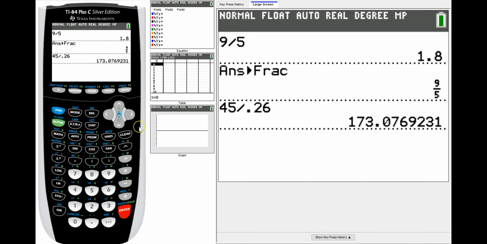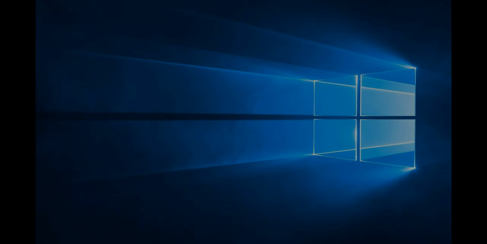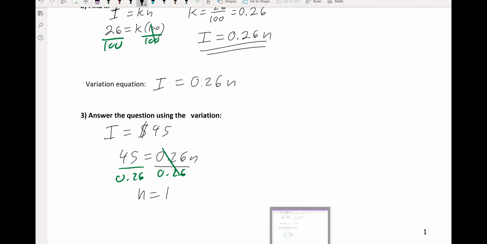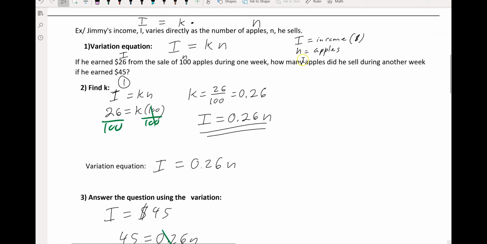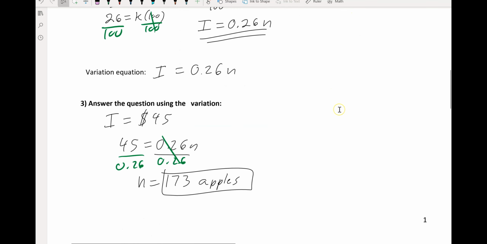So this is the number of apples, so it's just 173, because you don't want to sell a part of an apple. So 173 apples. And that is also the benefit of writing out your variables. If you define your variables, you know what the units are for each of them. Since we solved for n, we got the number of apples.